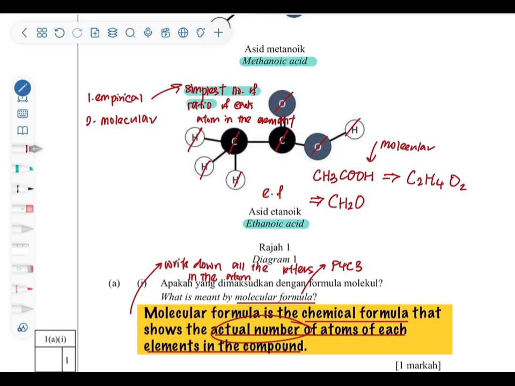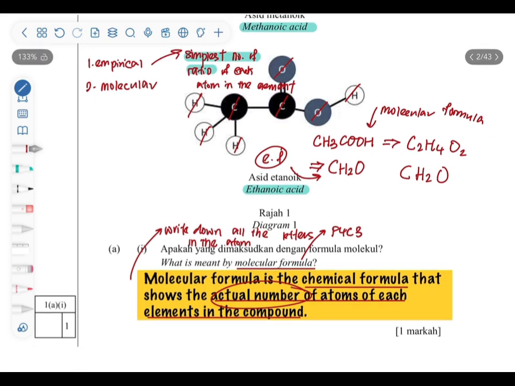You already observed that these numbers, 2, 4, 2, are the ratio that you can simplify. To simplify, we divide by 2, which gives CH2O. This is the empirical formula for ethanoic acid, and this is the molecular formula, which we never simplified. So this is how simple it is.